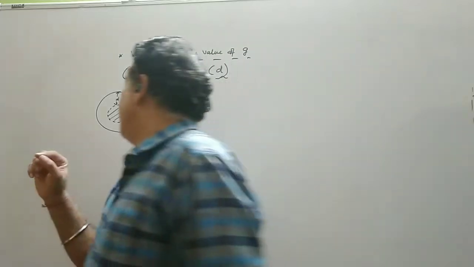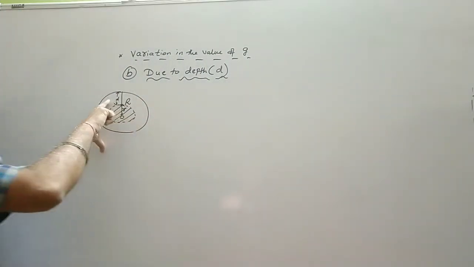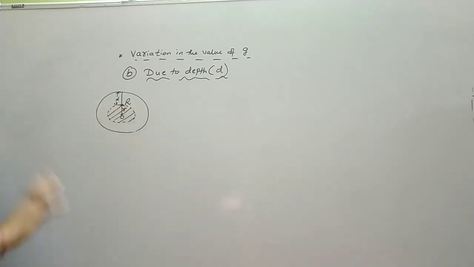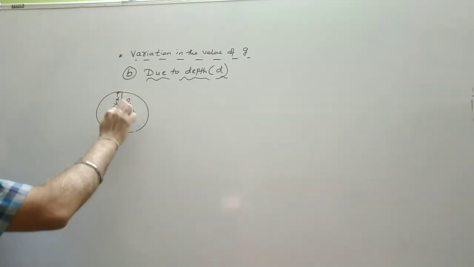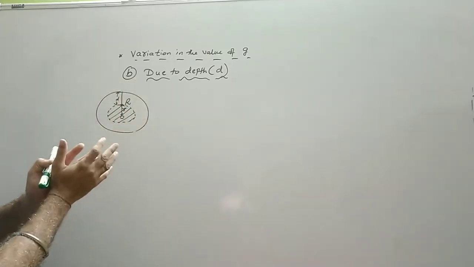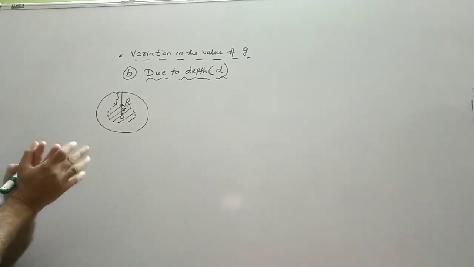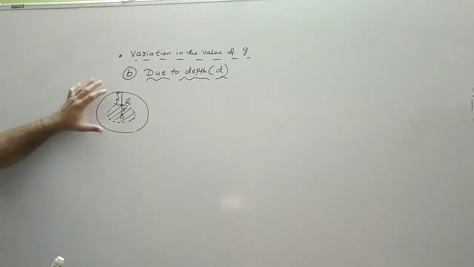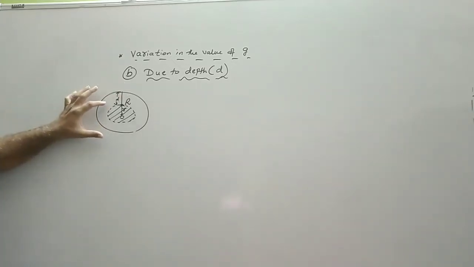So when you are at a point P or at depth d, only this much mass of the earth is responsible for the gravitational pull or the gravitational force, because inside a hollow sphere or a spherical shell, the force was zero or the gravitational intensity was zero. We will discuss this point also.